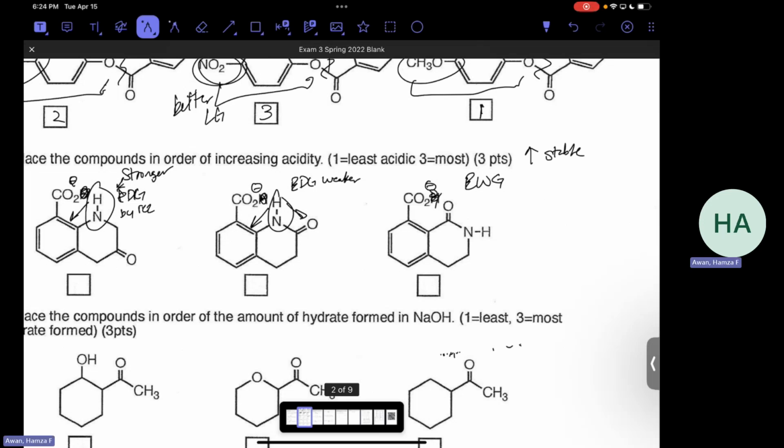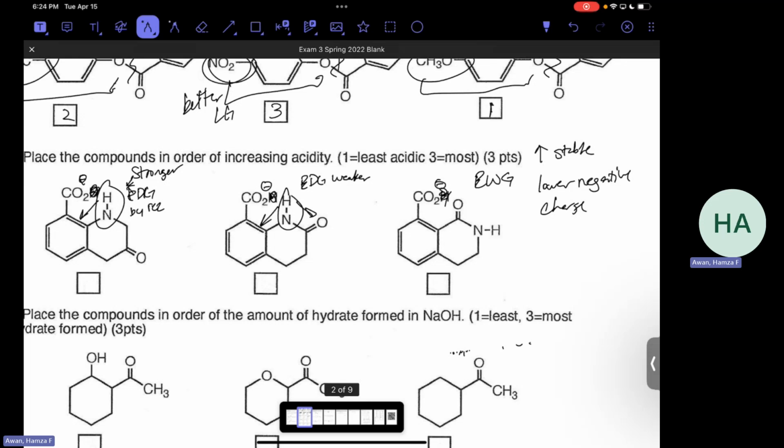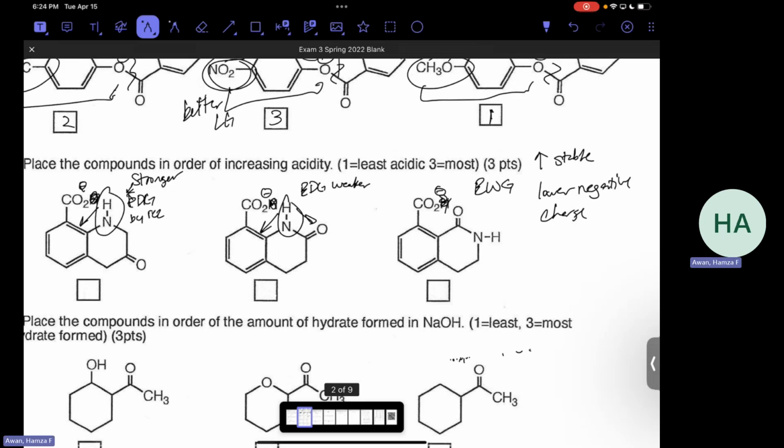A compound that's more stable is going to have a lower negative charge, so the negative charge is going to be distributed across the compound in a more even fashion, right?